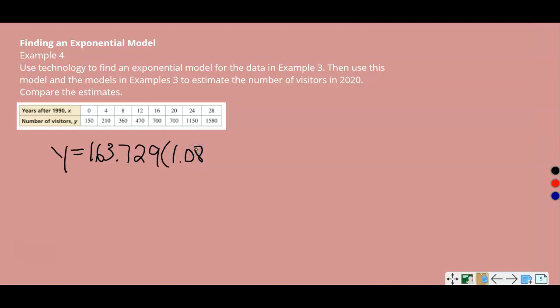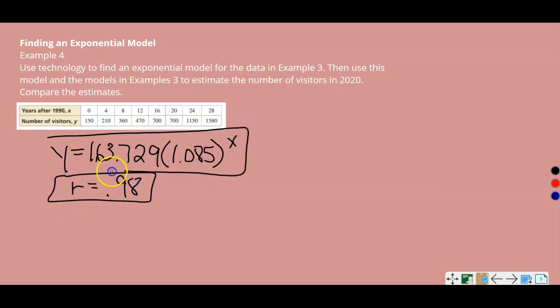And the 4 followed by 8, so we could round that to a 5. And that would be to the x power. And then again, because r was 0.98, that shows a very strong correlation as well. So this would be our exponential model, and this shows that that is a very good correlation.